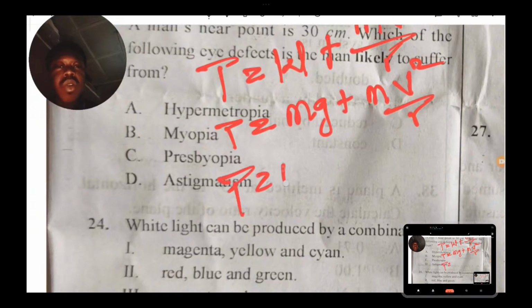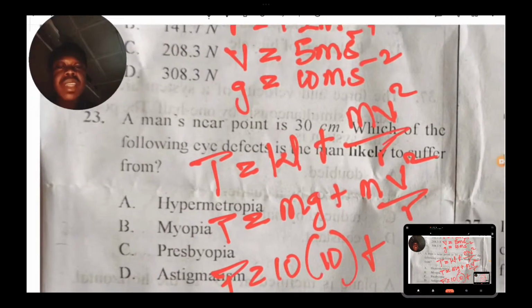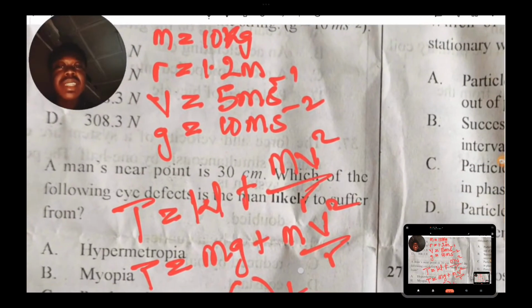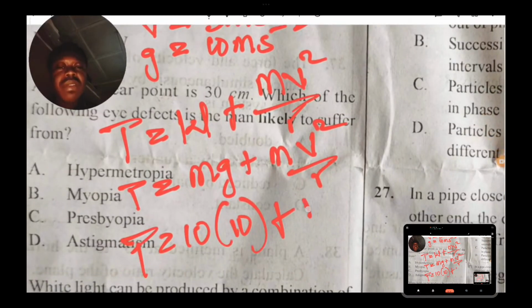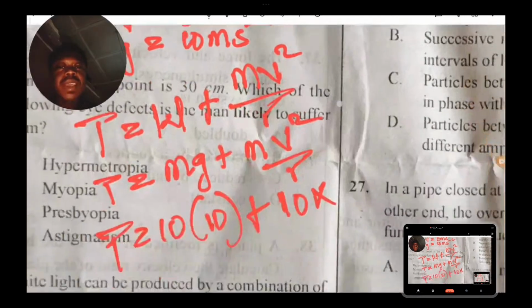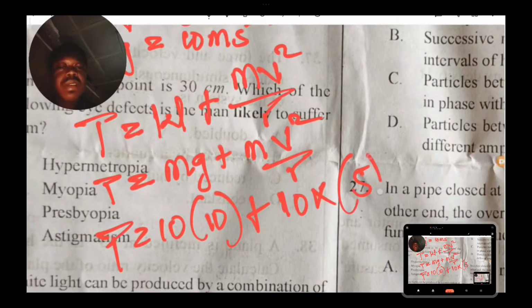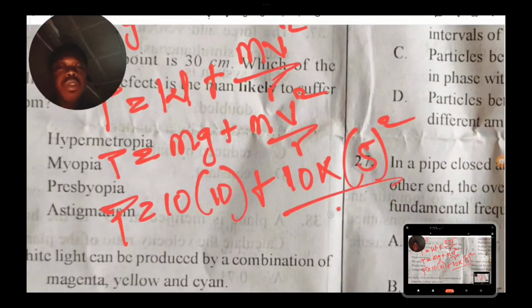So T will now equal 10 times 10 plus, what is our mass again? Our mass is 10, isn't it? So we have 10 times what? Our v is 5 squared, divided by our r, which is 1.2.